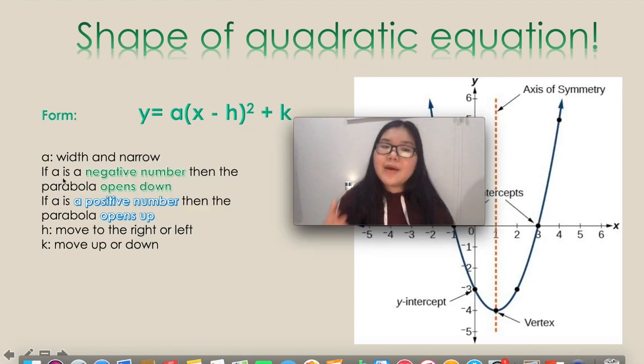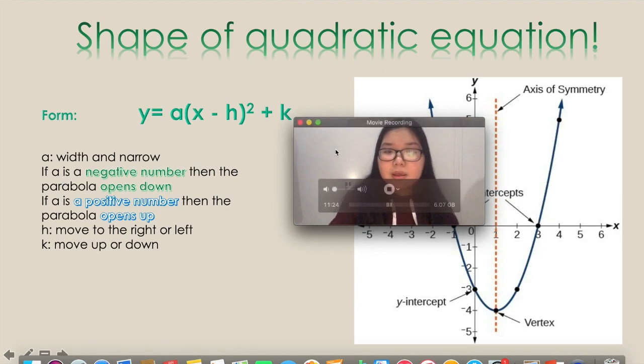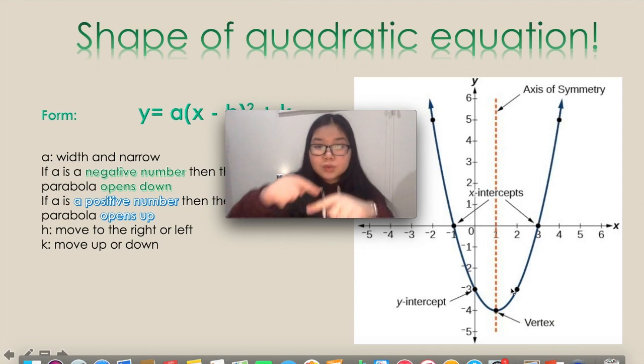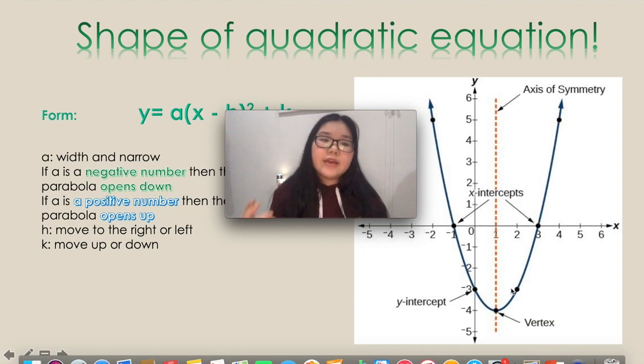The other really important thing to remember about a is that if a is a negative number, then the parabola opens down. That means it will have the opposite shape of this one. And if a is a positive number, then the parabola will open up, like this one.